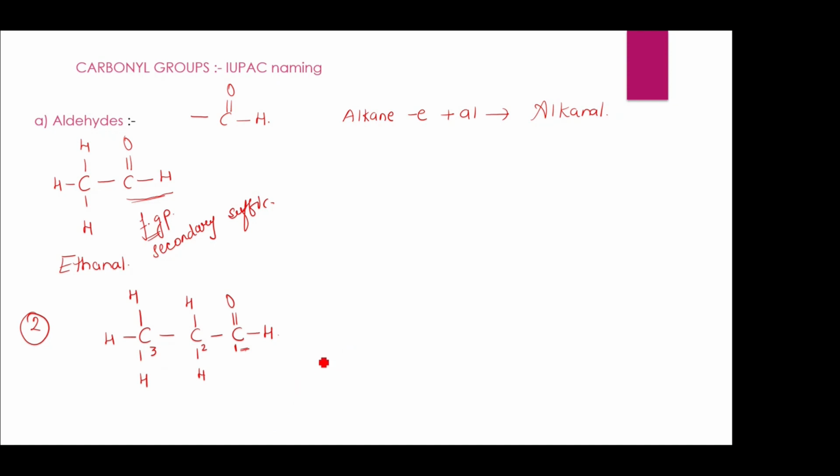How will you name that? Again, prop, and the name ending should be al only. Prop plus an plus al, so again the e is dropped out. The name will be propanal. This is how we have to name this compound.